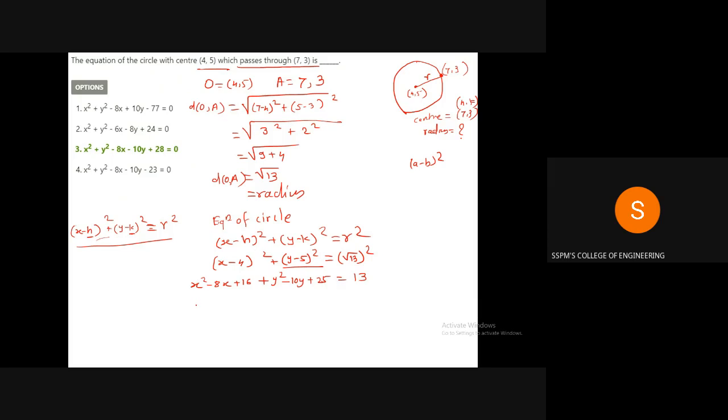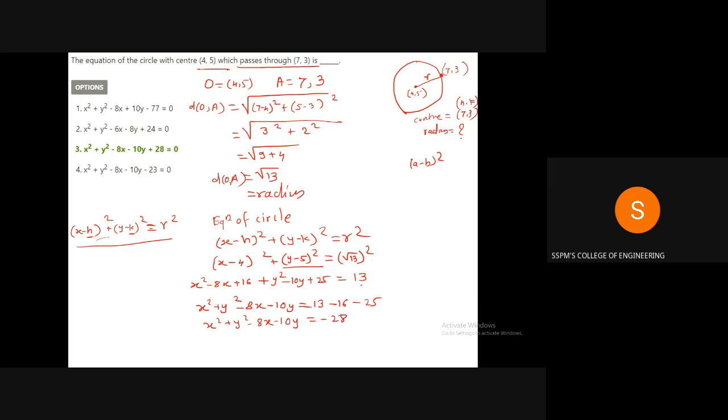So x square plus y square minus 8x minus 10y is equal to 13 minus 16 minus 25. 13 minus 16 is minus 3, minus 3 minus 25 is equal to minus 28.